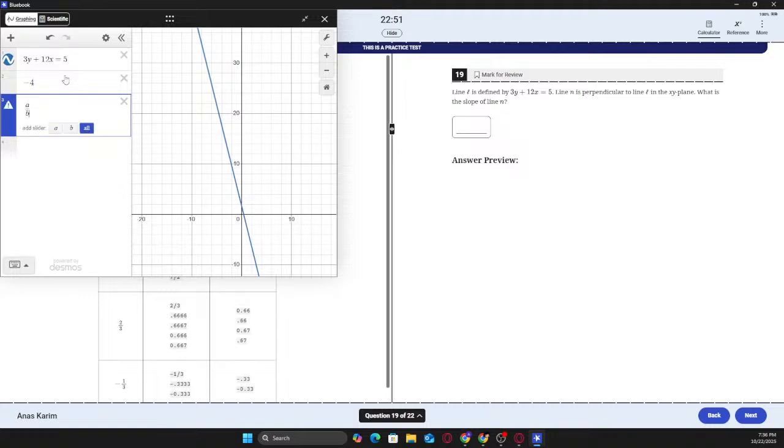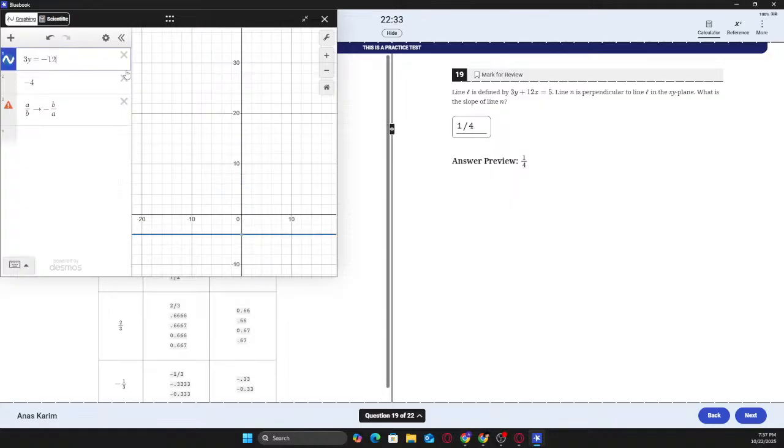So let's say we have a over b, that's going to convert to negative b over a. So we're going to have 1 over 4. It should be 1 over 4. So like equals negative 12x.